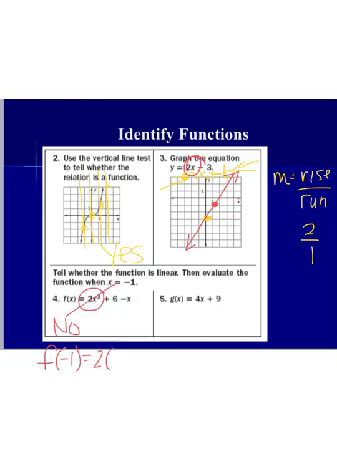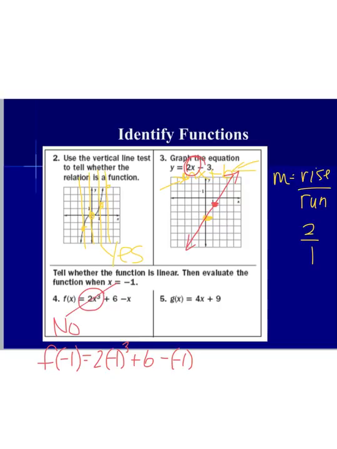So we have 2, we'll put times negative 1 to the 3rd power, plus 6, and then be careful here, this is minus a negative 1, so I always put that in parentheses. And now you want to evaluate that. So here, negative 1, you'd want to raise it to the third power, which will give you negative 1.